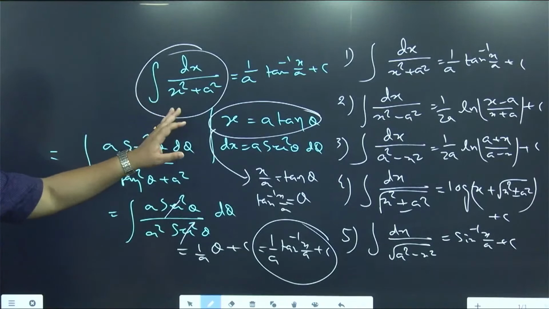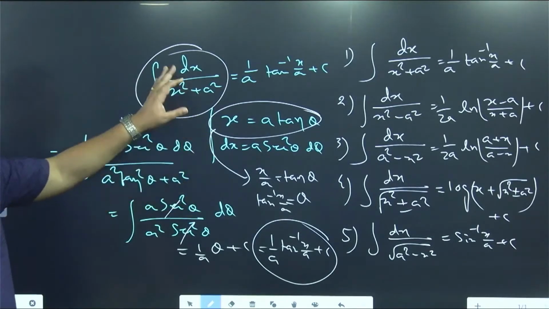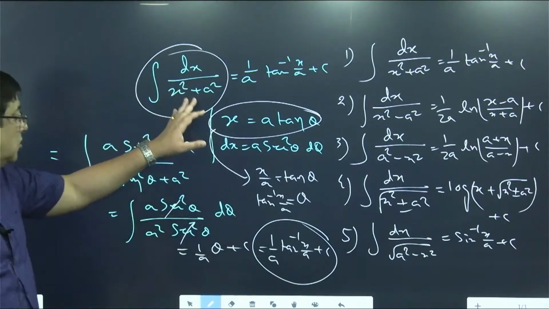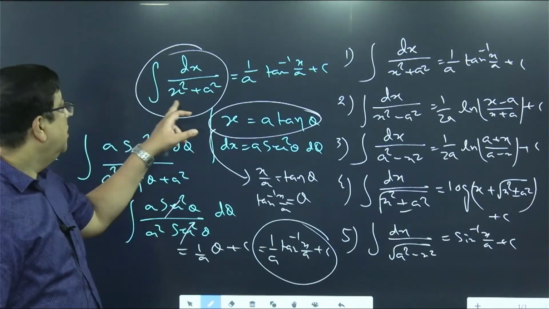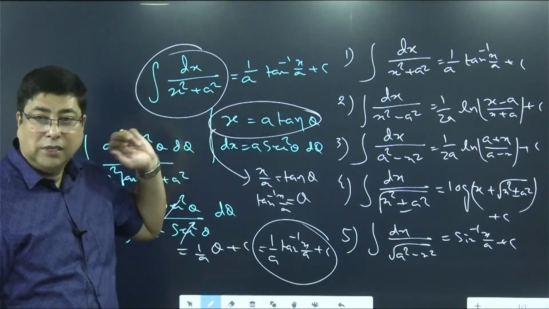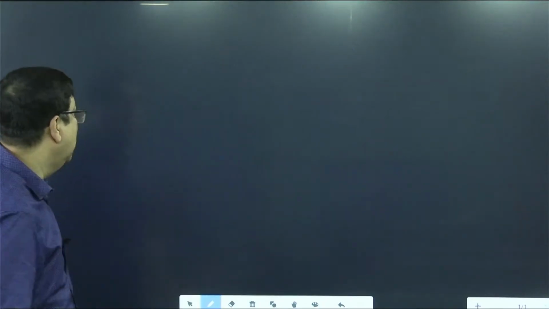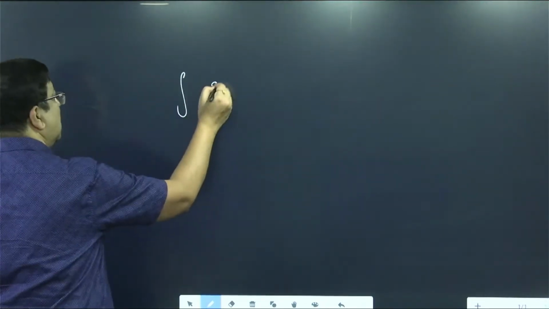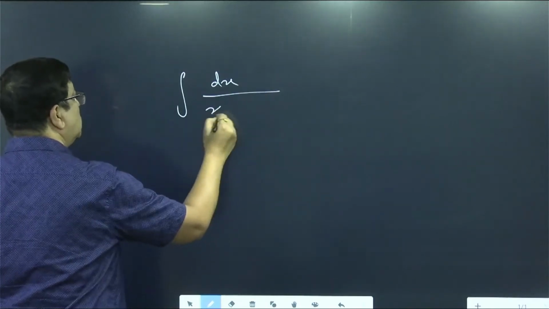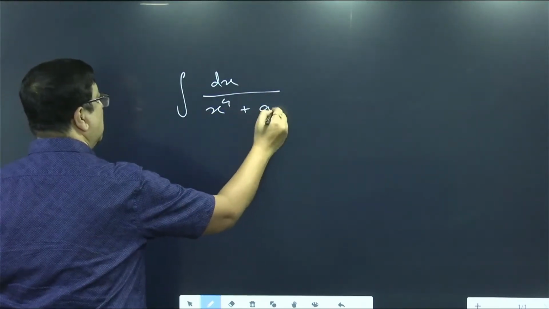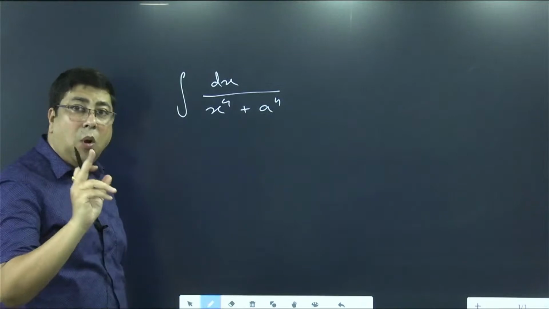So understand one thing, the proof of the formula is this, that is why the integration of this is 1 by a tan inverse x by a. I have seen a lot of students make a mistake whenever this type of sum is given, dx by x to the power 4 plus a to the power 4. Everybody, this is a common mistake.